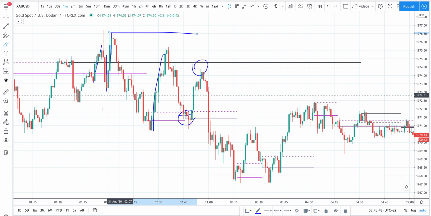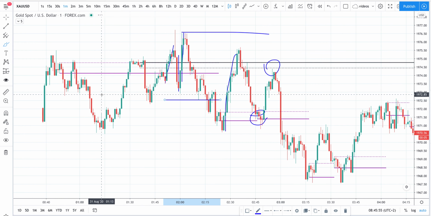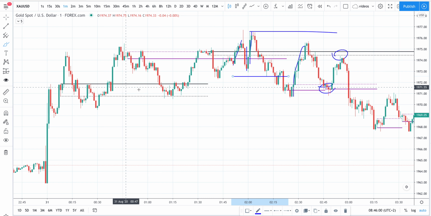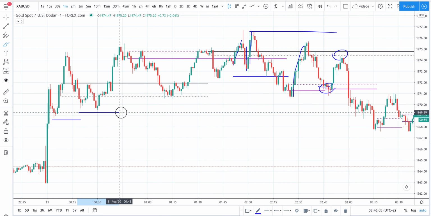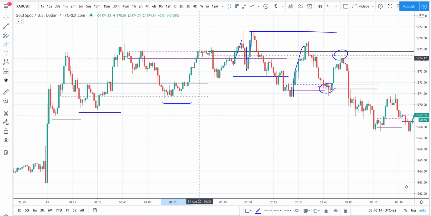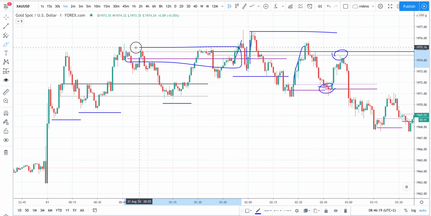You have a stop loss here for short and here for long, and you can trade managing your risk, of course. Here, for example, you can long with this stop loss initially below here, or below here. You can use other zones, other breaker blocks as a target also, for example.